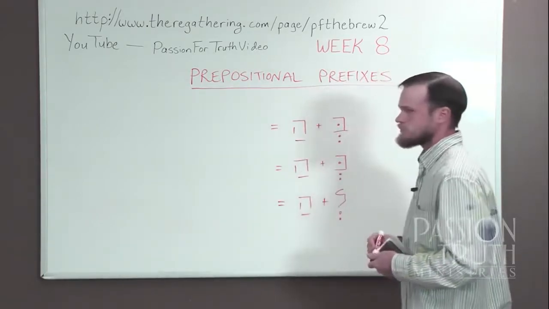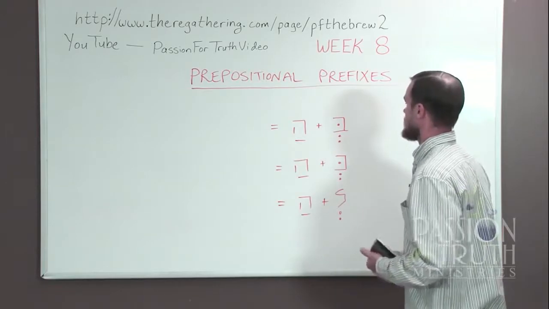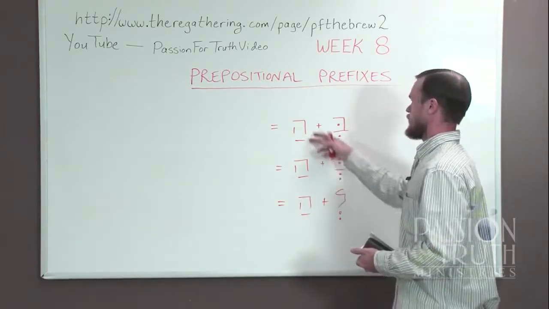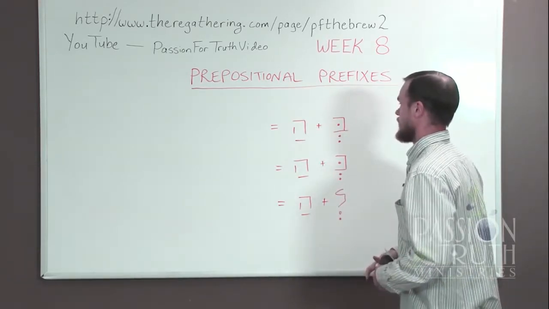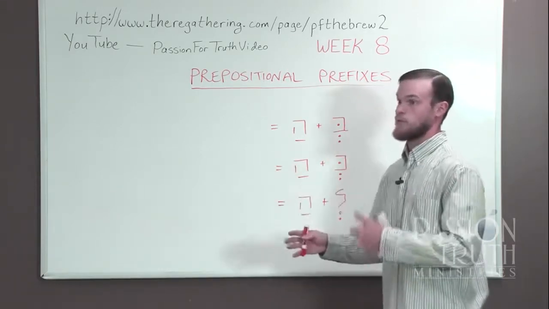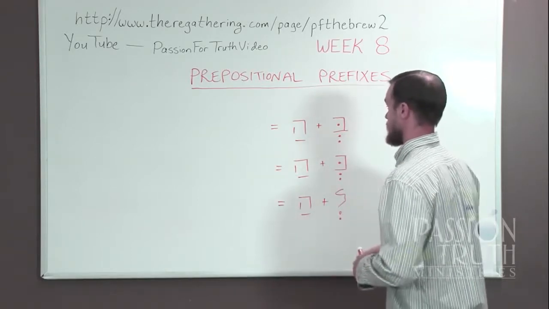So if we wish to combine the bet, the kaf, or the lamed prefix with the definite article prefix, there's a specific way that we have to do that. Now, in the case of mem, we simply use the mem followed by the hey, and follow the rules accordingly. But these combine in a different way.